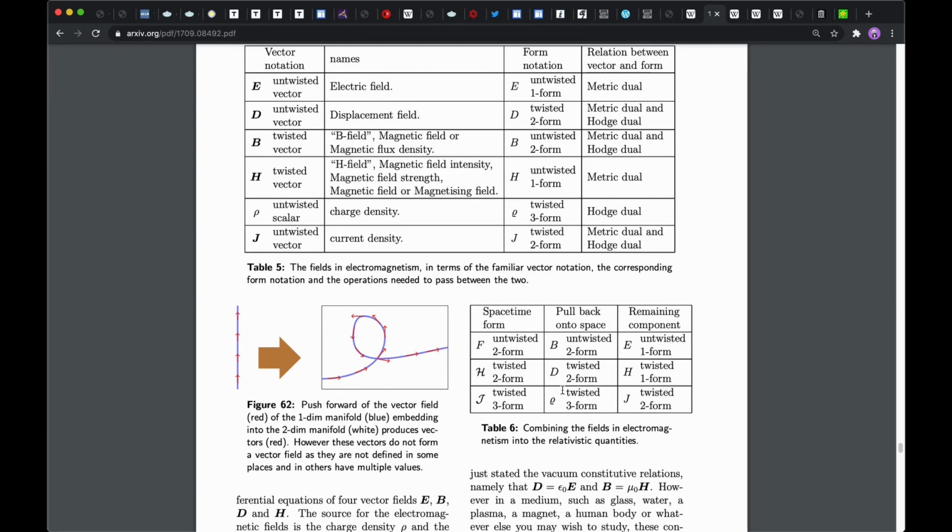Yeah, that's true. By looking at those tables at first, I was a little bit confused, but after looking at the pictures, I understand more about those tables, for example why the current is a 3 form and we have a 3 form and a 2 form here. That's basically because we have different embedding spaces for those.